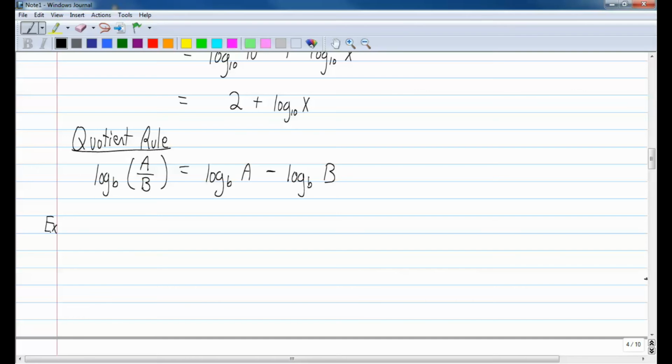So let's say that I had log base 6 of 13 over x. Then I could rewrite that as log base 6 of 13 minus log base 6 of x. Now I can't simplify log base 6 of 13 because I can't change 13 into 6 to some power. So I would have to leave my answer like that.